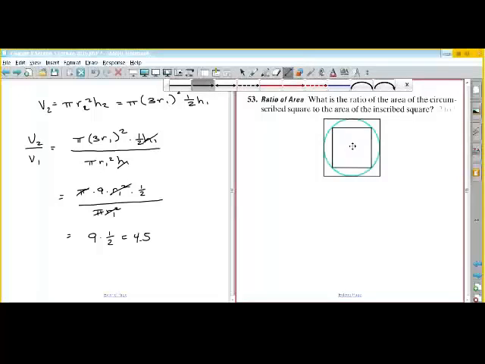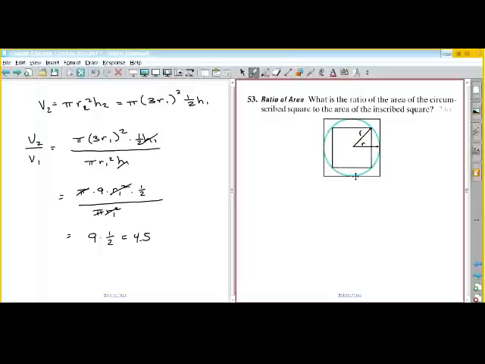So how would we do that? Well, we had a problem like this earlier. The distance from the center of the circle to here is the radius of the circle. If I draw another line from the center to the circle, that distance is also r.